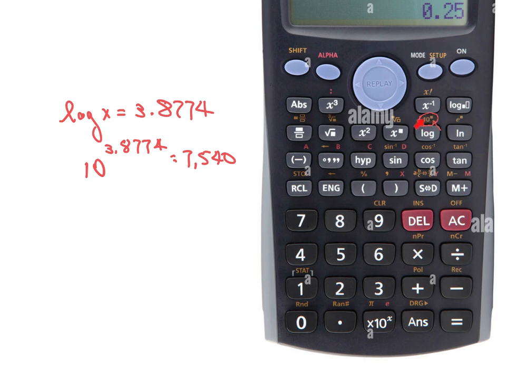It'll do this. So it's saying I'm going to put 3.8774 in for x. That's what this little box means. I'm going to put that number right here, and then it will automatically go 10 to that. So once you push 3.8774, shift this key, hit equal, and it'll kick out a 7,540. That's what you're looking for.